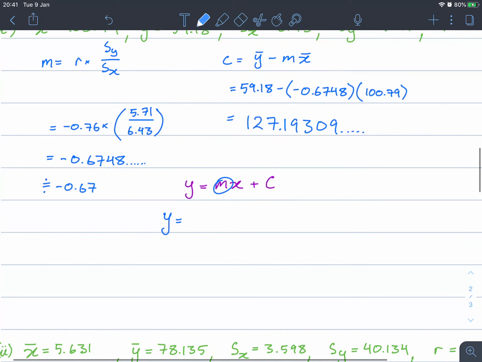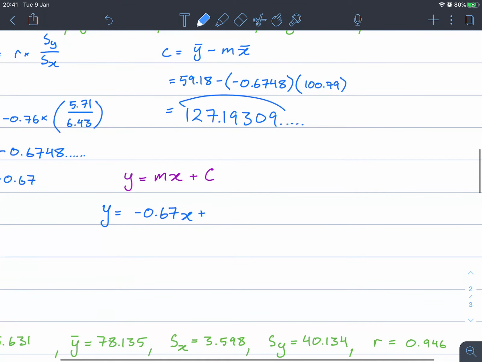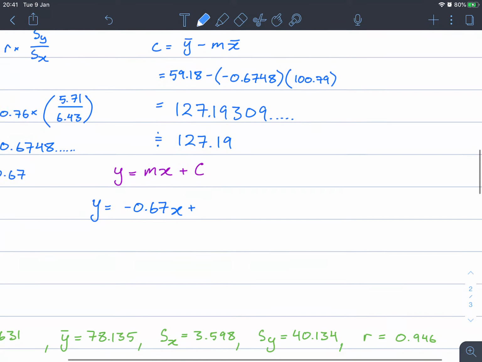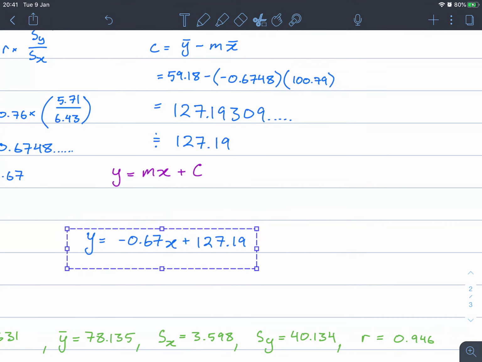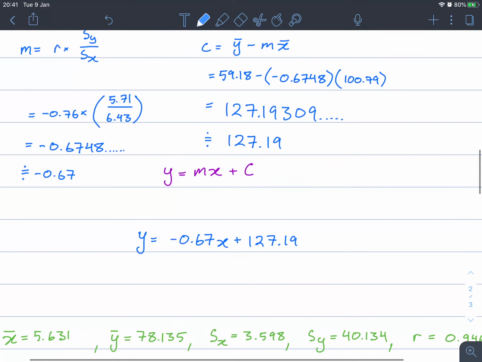So our m is now negative 0.67x plus the value of c here, approximately 127.19. And that there is the equation of the least square line of best fit.